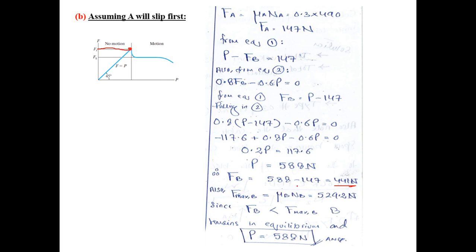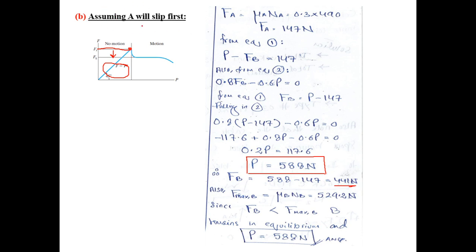while the calculated value of Fb was 441 Newton, which is below this red line in this region. So this means that B is indeed in equilibrium, and therefore the calculated value of P, which is 588 Newton, is the correct answer. Previously, the value of P was incorrect because our assumption was not satisfied.